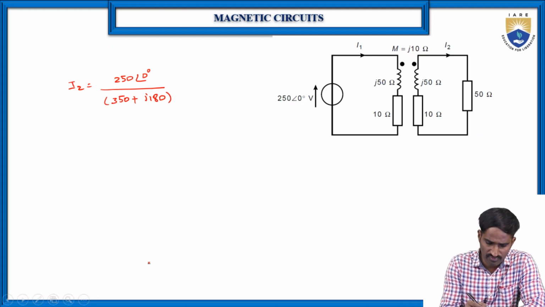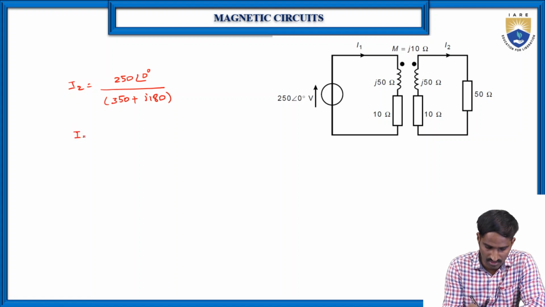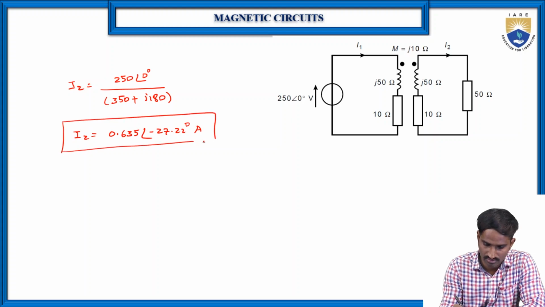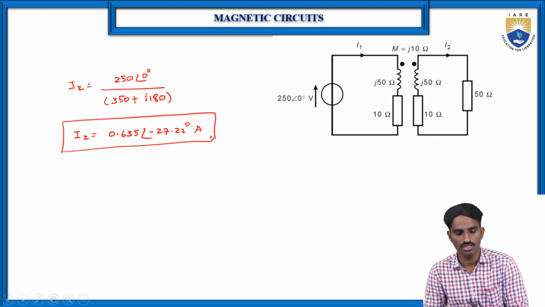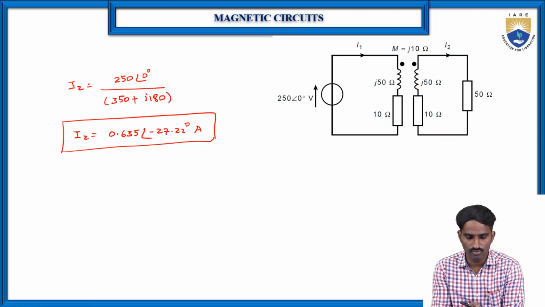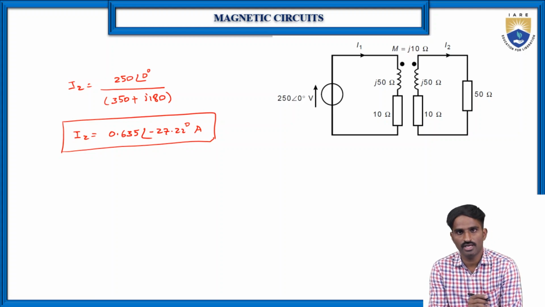If you simplify this, of course the same way as in the previous case, I have already calculated the value of I2, let me check. It is 0.635 at an angle of minus 27.22 degrees amperes. So this is the value of I2.